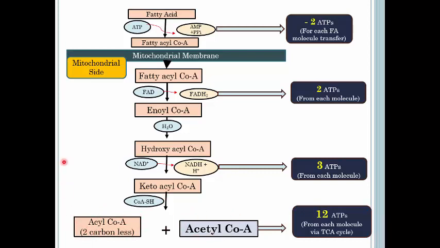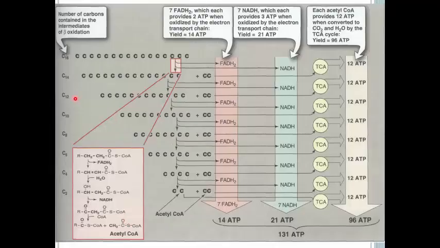This 14 carbon compound again enters into the series of reactions. It will form the second molecule of acetyl-CoA and a 12 carbon compound. Likewise, the 12 carbon compound again re-enters the series of reactions. Then it will form a 10 carbon compound, then successively 8 carbon, 6 carbon, 4 carbon. At the last it will form 2 molecules of acetyl-CoA.